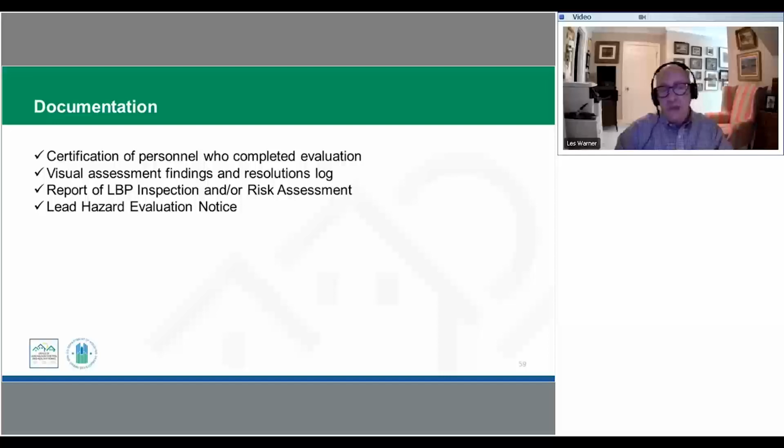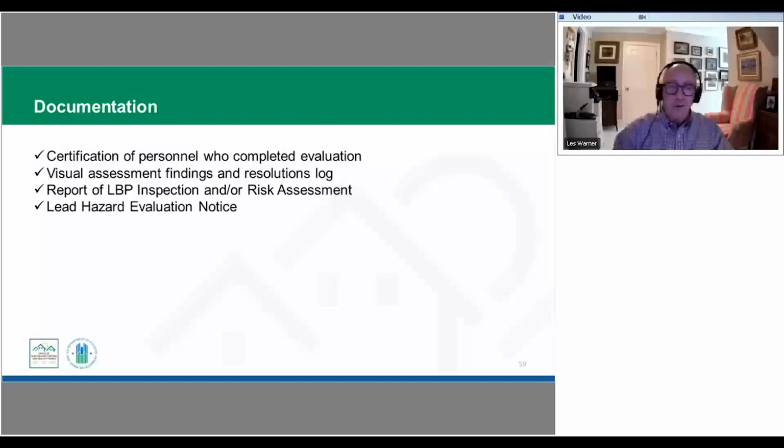We need to make sure that we have collected the documentation that each of our personnel completing any of these evaluations, whether it was a visual assessment, paint testing, or a risk assessment, have their certification in place, along with all of their test results and logs, so that we have full documentation on not only the process that we went through and who did it, but also what we found as a result.